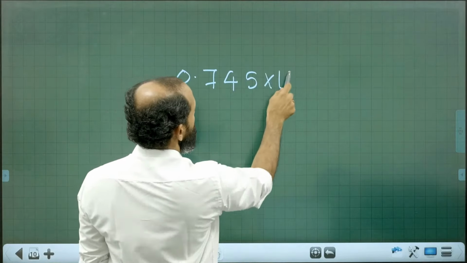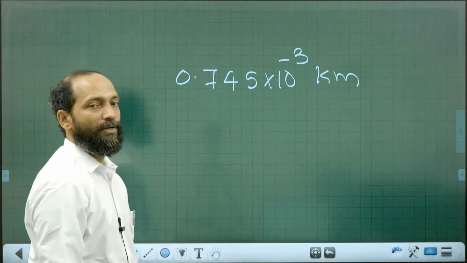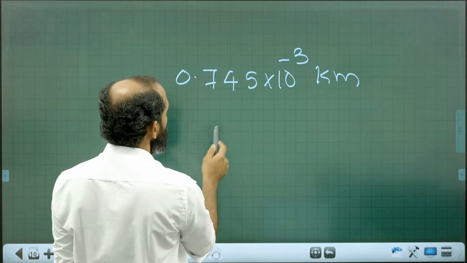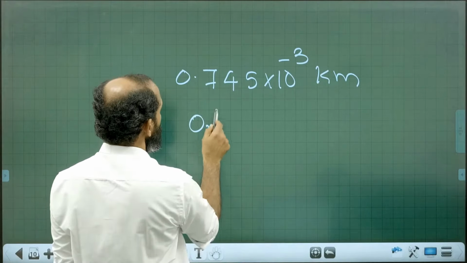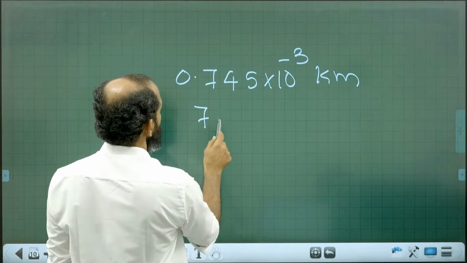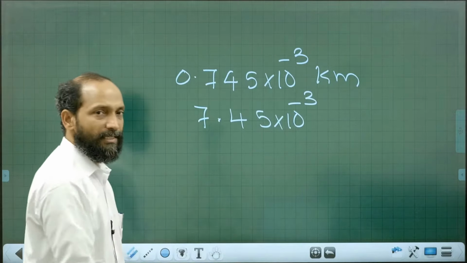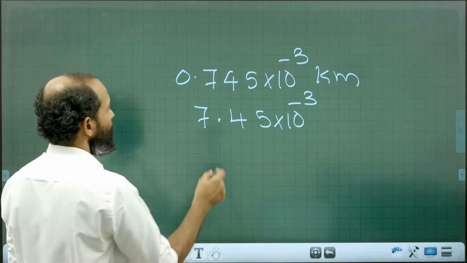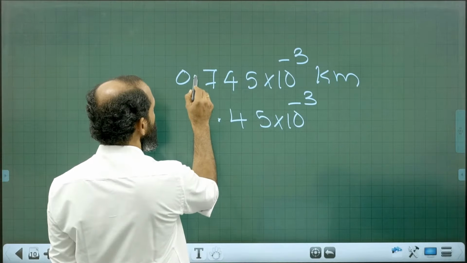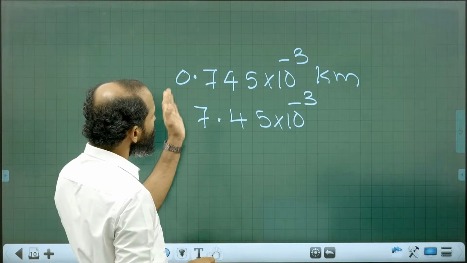0.745 into 10 power minus 3 kilometer. How to find the order? This can be written as 7.45 into 10 to the power minus 3, right? Can you guess what we should do? The decimal point is to be shifted by 1 unit to the right.